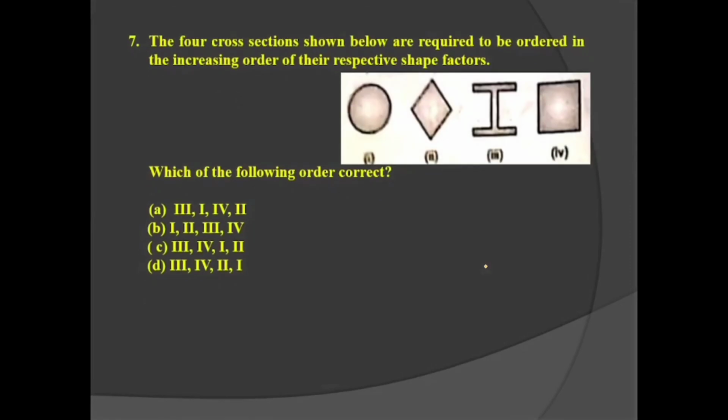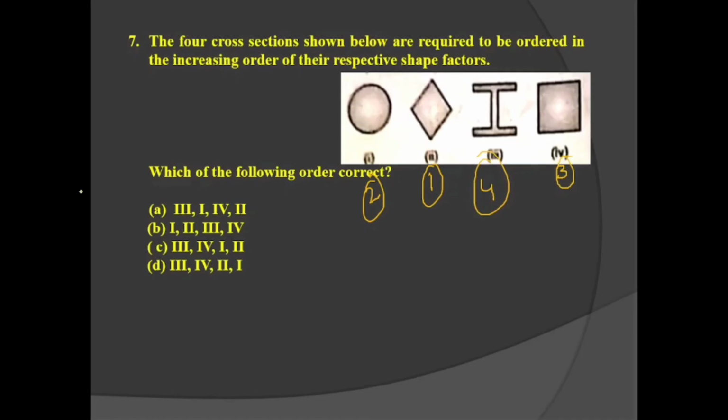The four cross sections shown below are to be arranged in increasing order of their respective shape factor. Which one of the following orders is correct? The highest value is for the diamond, then circular. This is our first, this is our second, this is our third, and this is our fourth. So 2 1 4 3.